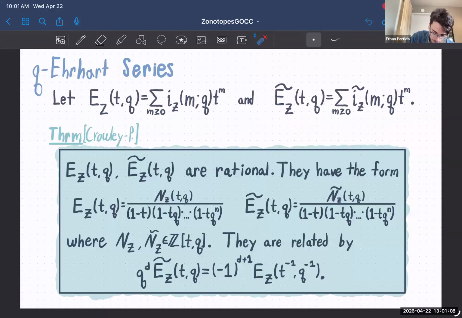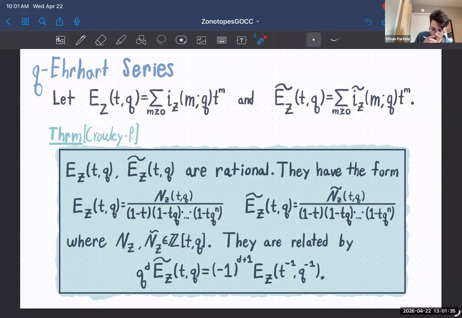Our theorems about generating functions of quantum integer valued polynomials tell you that when you write out the generating function as a rational function, you're always going to get a denominator where the powers of t are just singleton powers of t. And you can write down examples.